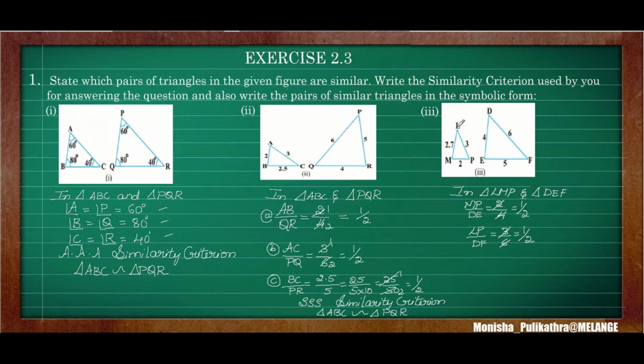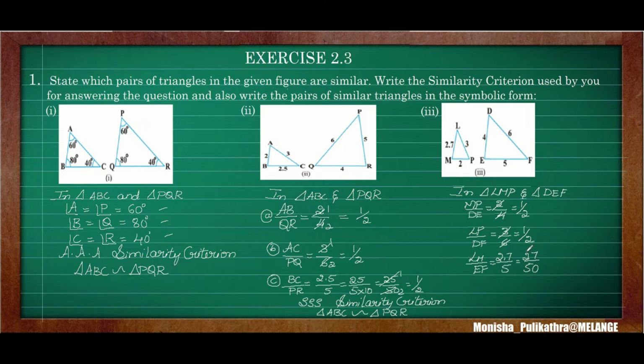The last ratio is LM by EF. LM is 2.7 and EF is 5. If I remove the point, 10 will come under the denominator. So 5 into 10 is 50. 27 and 50 cannot be divided, it is not divisible.